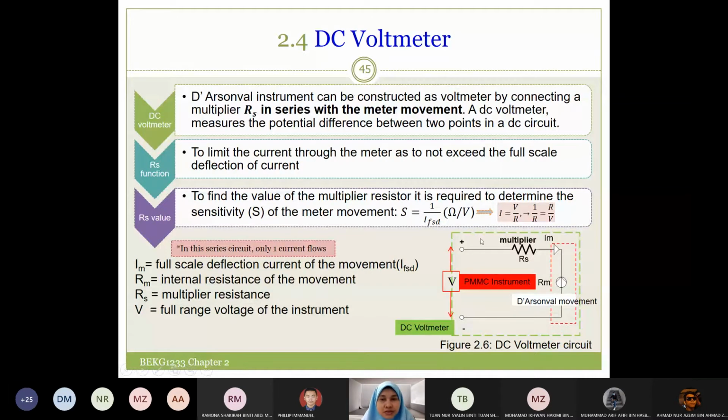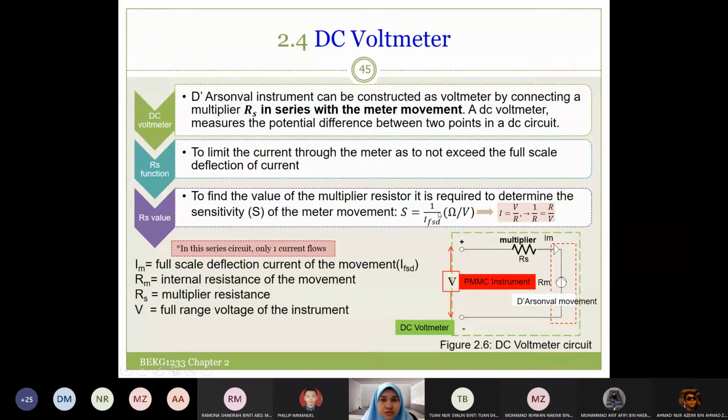What's the function of RS here? To limit the current through the meter so as to not exceed the full scale deflection current. This is the typical role of a resistor, to limit the flow of current. To find the value of the multiplier resistor RS, it is required to determine the sensitivity of the meter movement.